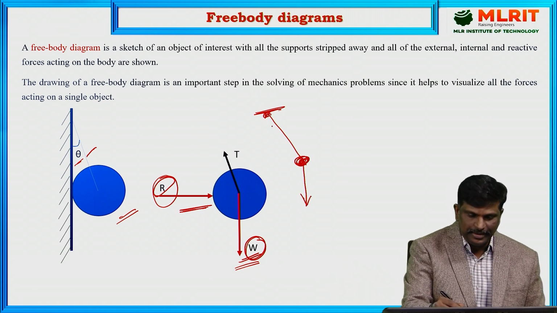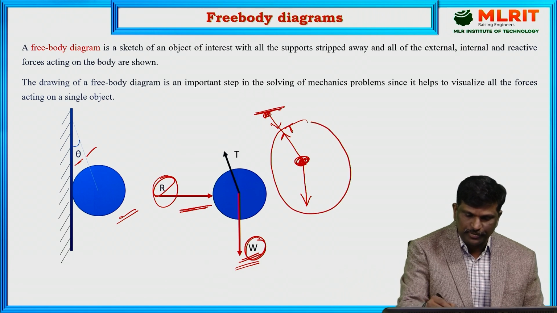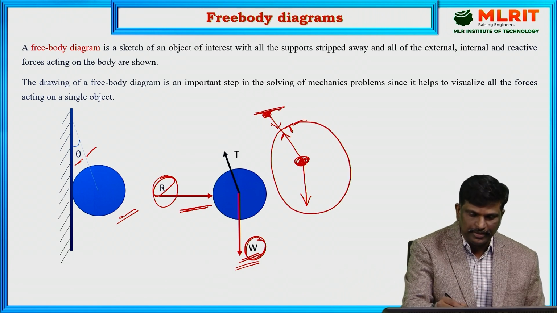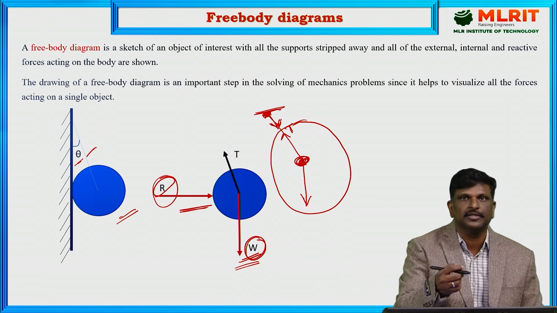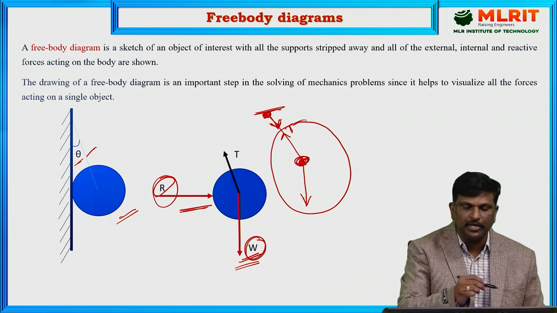The internal tension will be shown like this. Now I am considering the body, so I will take up to this portion. If we consider the hook, the tension in the string is in the downward direction. The string is pulling the hook downward.